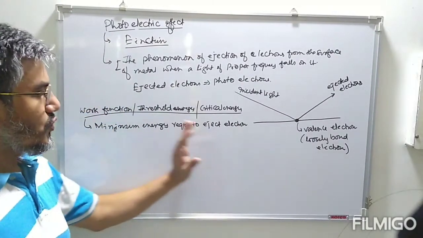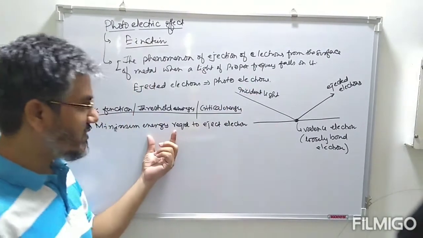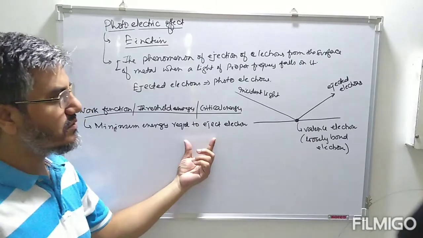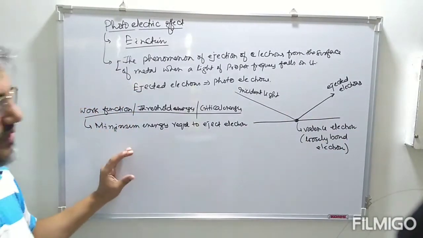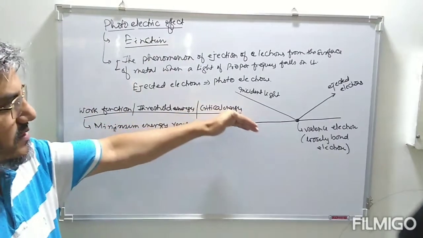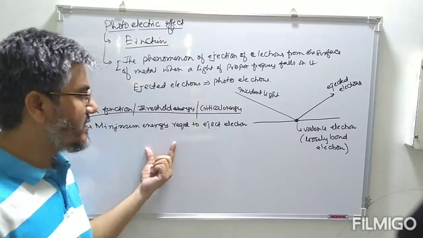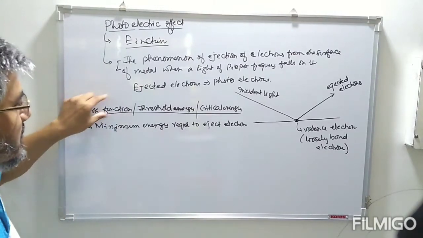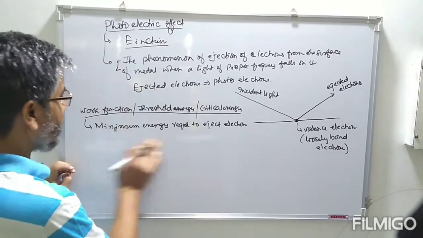If the energy supplied by this incident light is less than this minimum energy required for ejection of electron, no photoelectric effect is observed. So for photoelectric effect to be observed, the incident light energy must be greater than this minimum energy, and that minimum energy required is known as work function or threshold energy or critical energy.